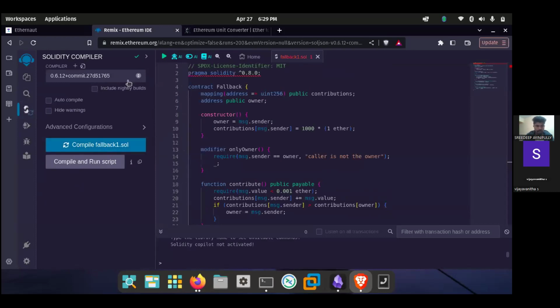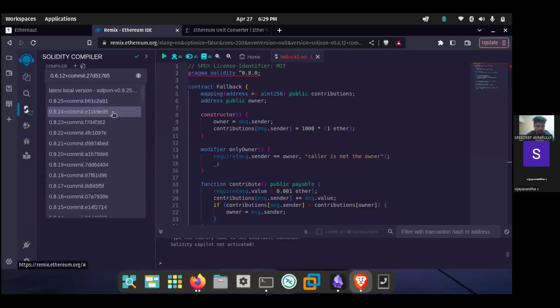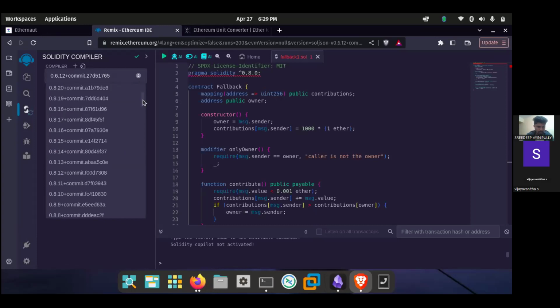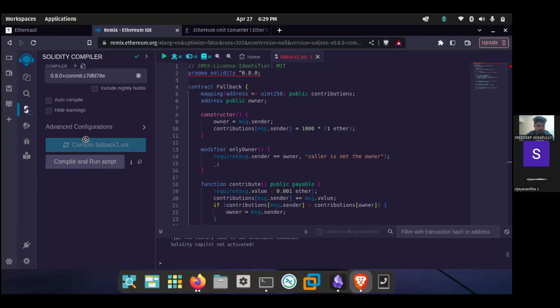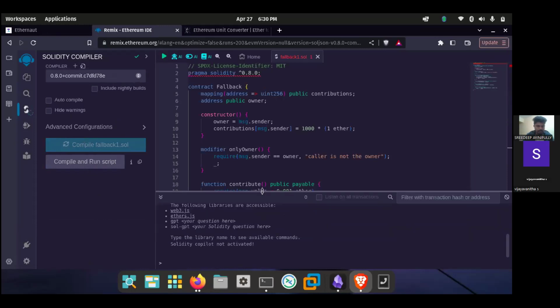Now the compiler we are using is 0.8, so we have to change to 0.8, otherwise it's going to error out. It is compiling. After compilation, you will get a tick mark here. It is going to take some time. Now it is compiled successfully.